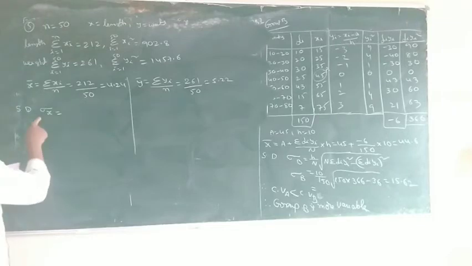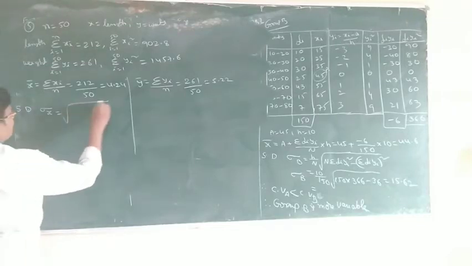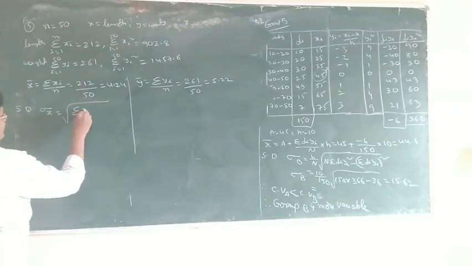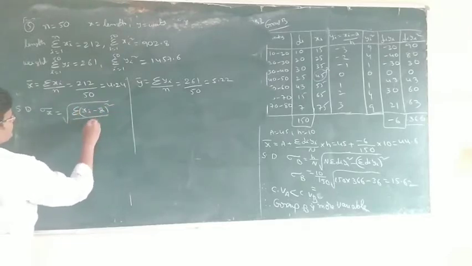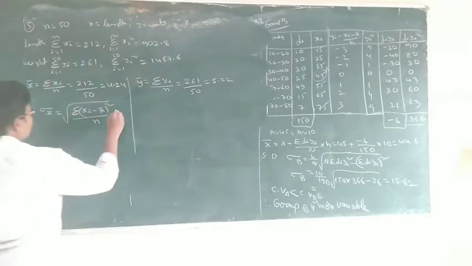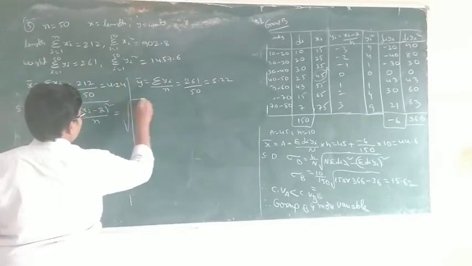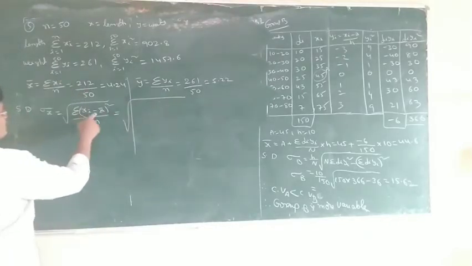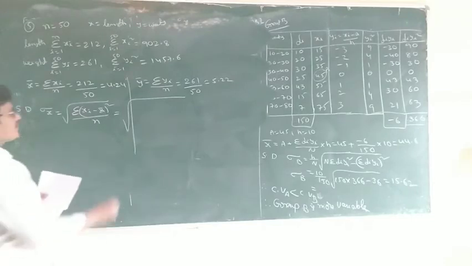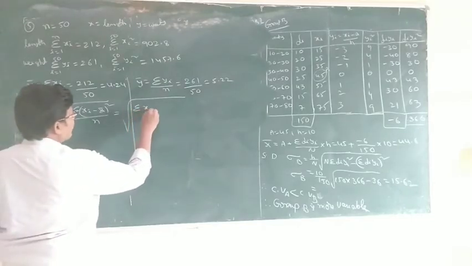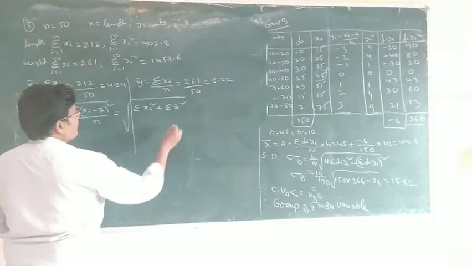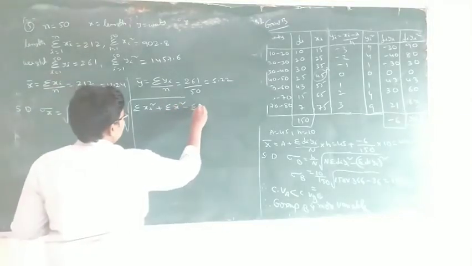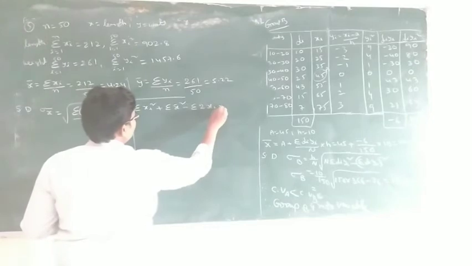The standard deviation is equal to root of Σ(xi minus x bar) whole square by small n. So that is equal to root of Σ(a minus b) whole square, and (a minus b) whole square is a square plus b square minus 2ab, so 2 into xi into x bar.